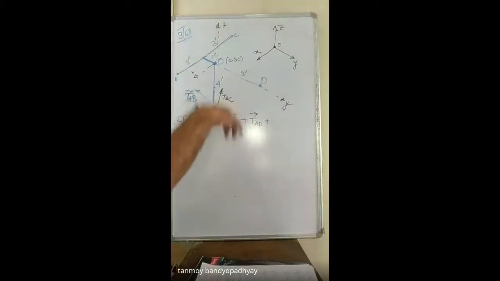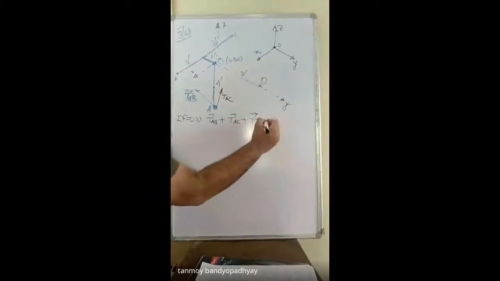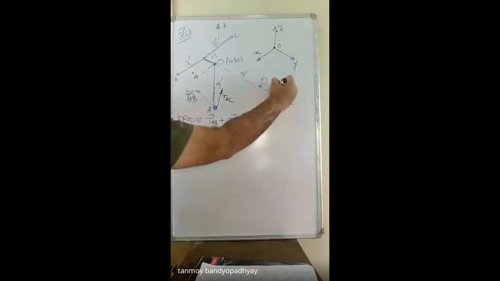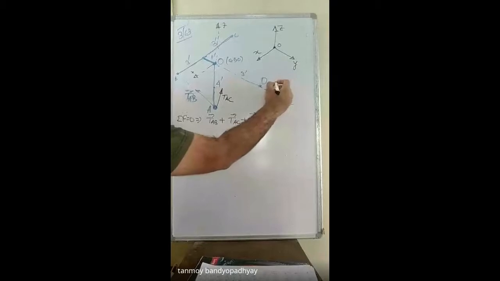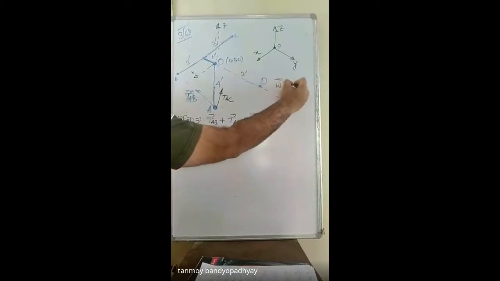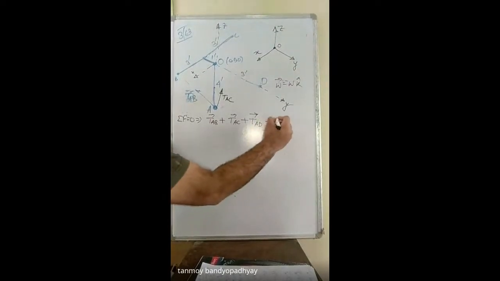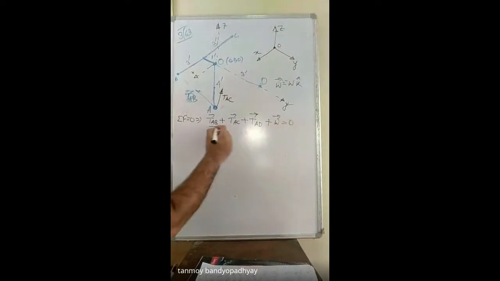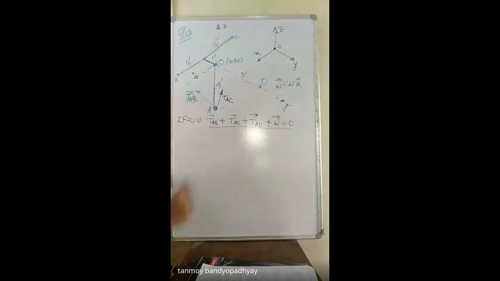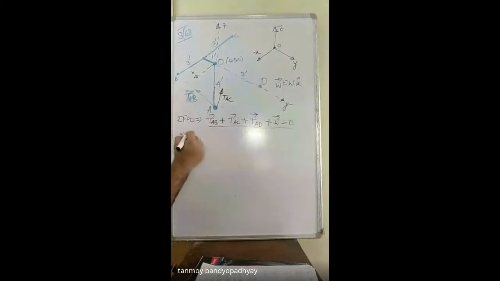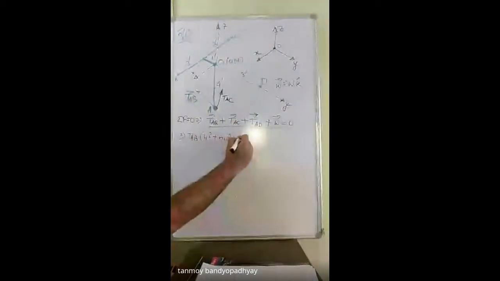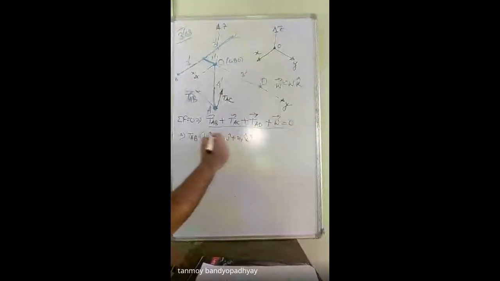So weight is acting downward, so that should be minus. Take the weight as another vector: W vector, that is magnitude of W, minus W into K cap. So plus W vector is equal to 0. This is the force balance equation. Breaking it down, I should have TAB into L1I plus M1J plus N1K. We know L1, M1, N1.